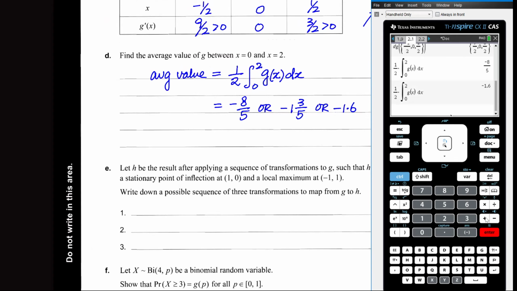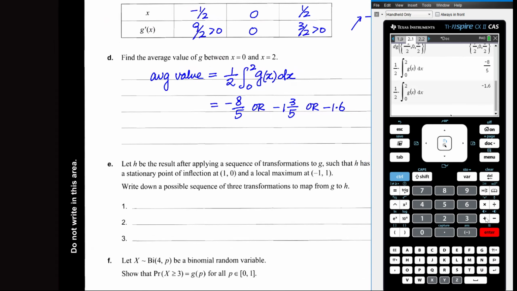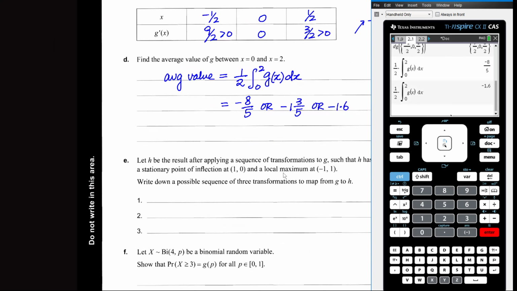H be the result after applying a sequence of transformations to G such that H has a stationary point of inflection at 1, 0 and a local maxima at minus 1, 1.